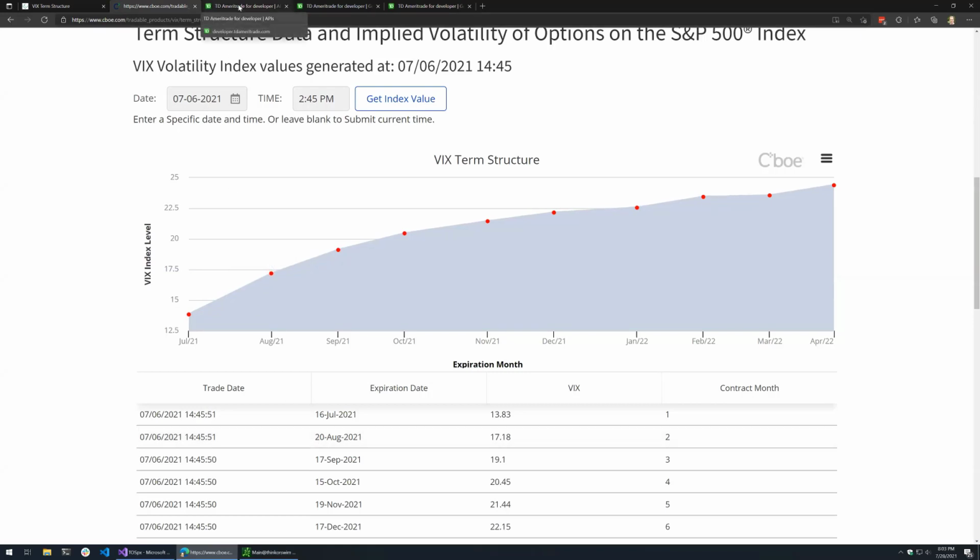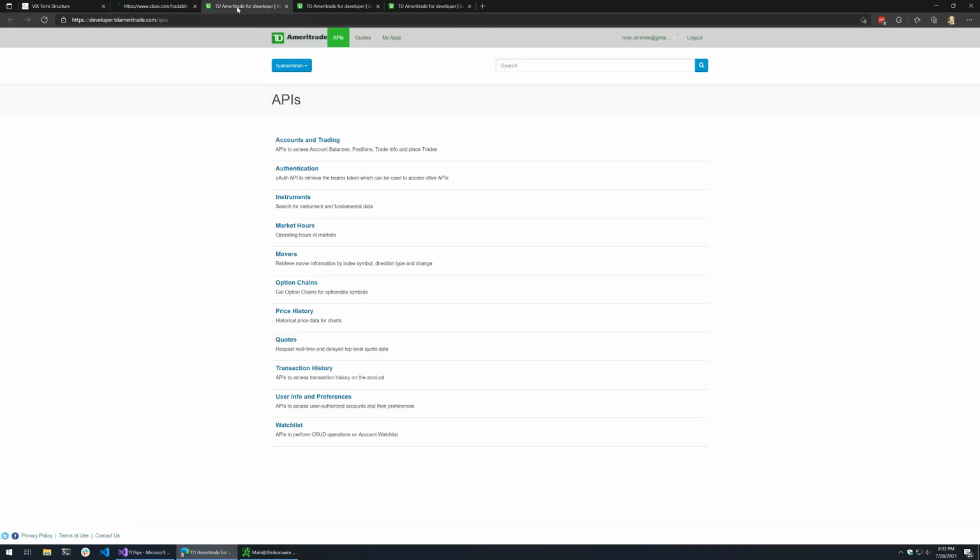And I use the TD Ameritrade APIs, as well as some of the CBOE and another website called iVolatility to create this website. I'm not going to go into too much detail on this, but essentially, if you go to their APIs, this is free. Anybody can use it. If you're a programmer or know somebody who is, it's very, very simple. It's a REST API. And you can drop down and go to option chains or look at price history.